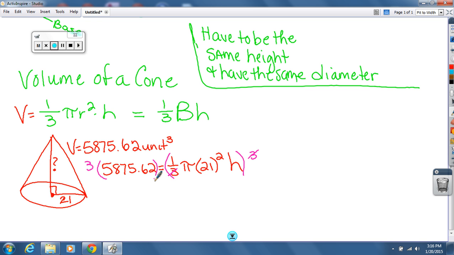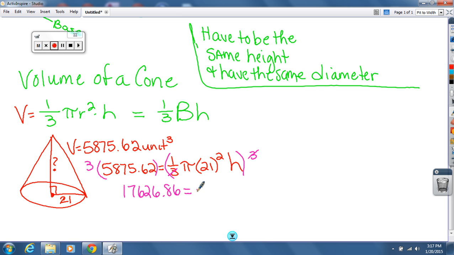Okay, so I've got 5875.62 times 3, and that gives you 17626.86 is equal to, I'll go ahead and find out what 21 squared is, and that's 441.